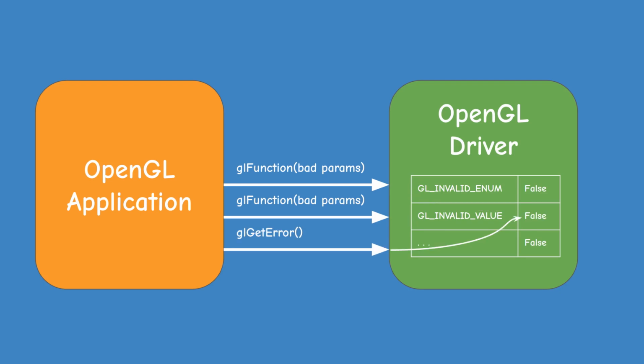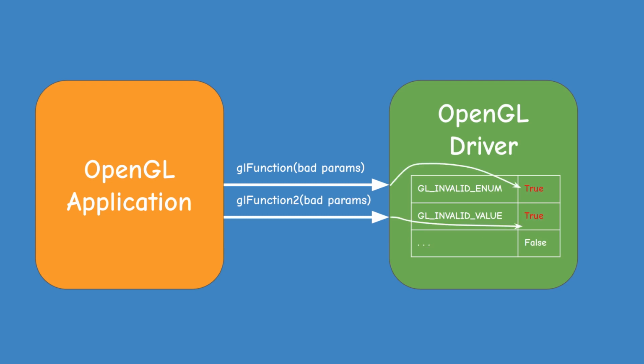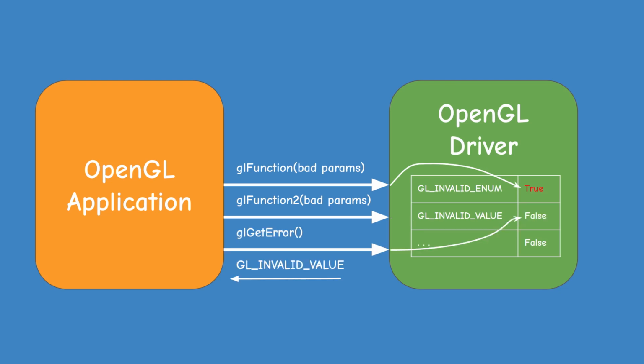This function returns the macro GL_NO_ERROR, which by the way is a 0, when there is no error, and one of the error codes when there is one. Note that multiple error flags may be set if you haven't checked for errors in a while, which is why it is recommended to do that as often as possible. Calling glGetError will return a single error code in no predefined order and will reset the flag back to false, so a future call to glGetError may detect the same error code again.